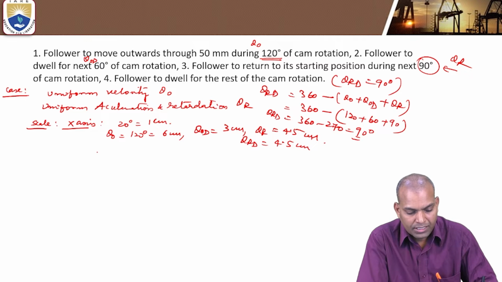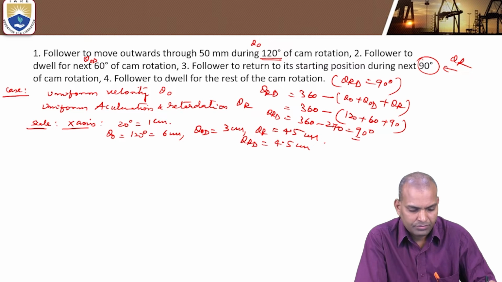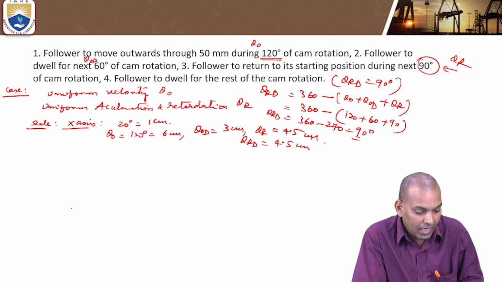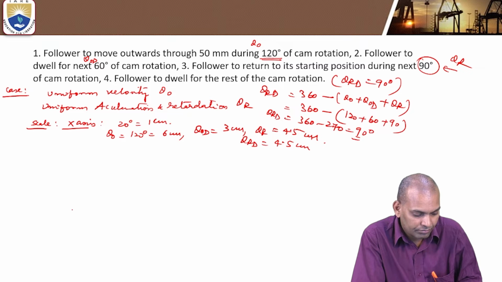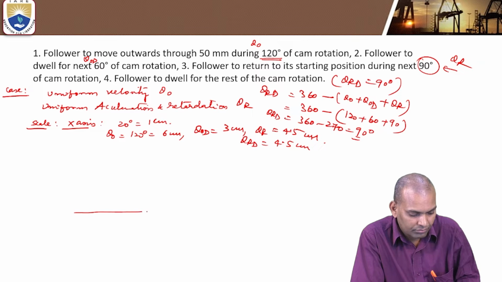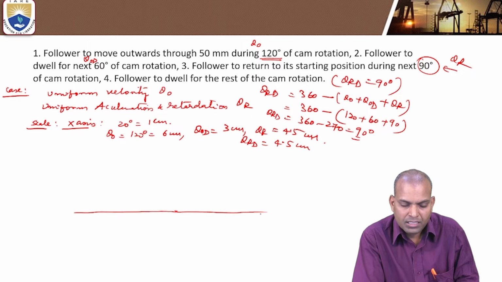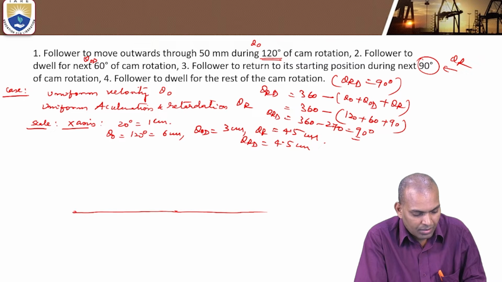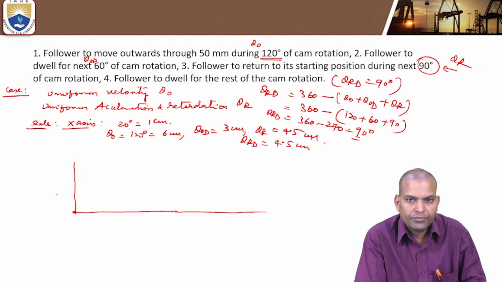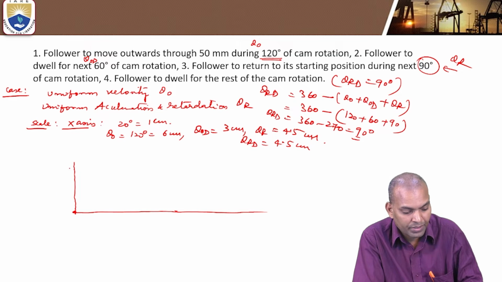Alright. Next, draw a line which is having a length of 18 centimeters and draw a vertical line with a length of 50 millimeters, that is 5 centimeters.